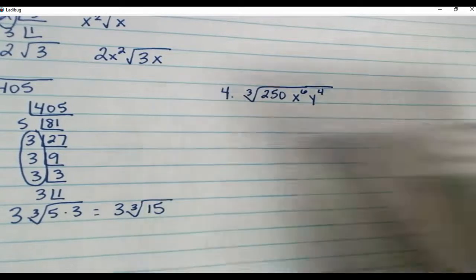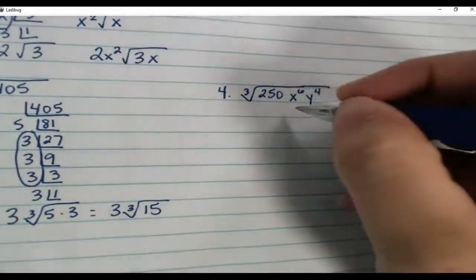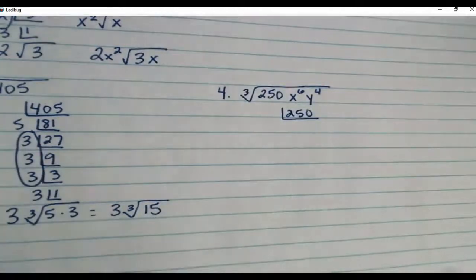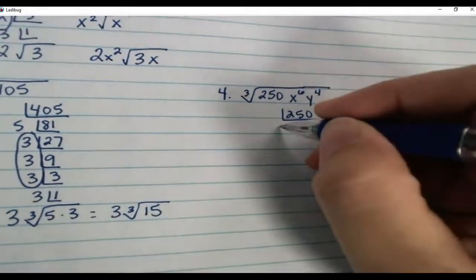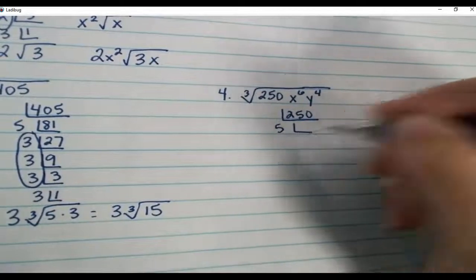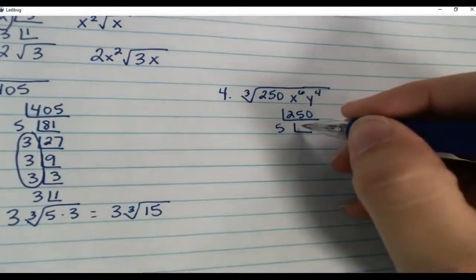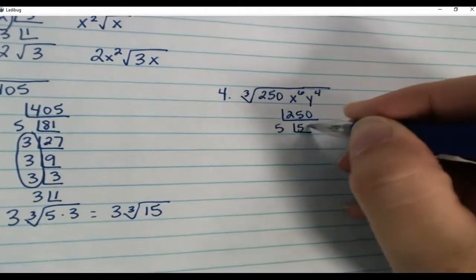So then we have to break it down. So what prime number can go into 250? Yeah, 5 or 2, either way. So I'm going to go 5. And it goes into 250 50 times. Good.